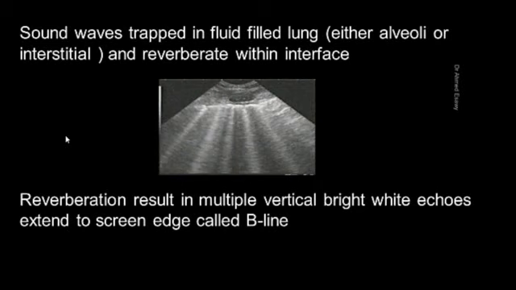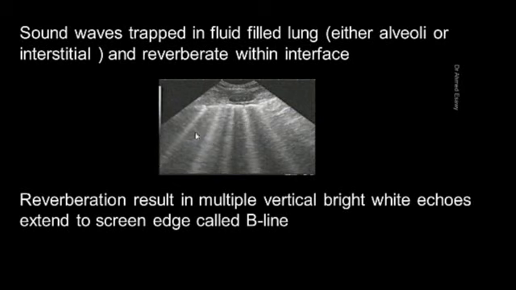Again, fluid-filled alveoli or interstitium will trap the sound wave, and this wave reverberates within the interface, resulting in B-lines. The reverberation results in multiple vertical bright white echoes extending to the screen edge, called B-lines.